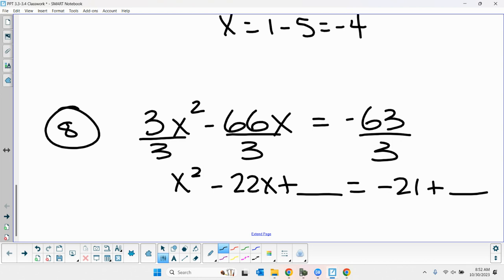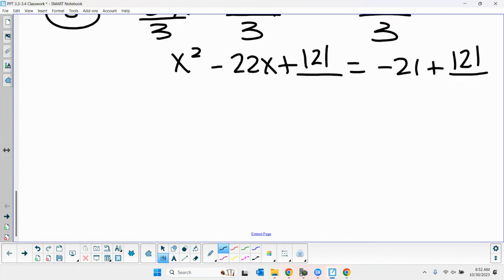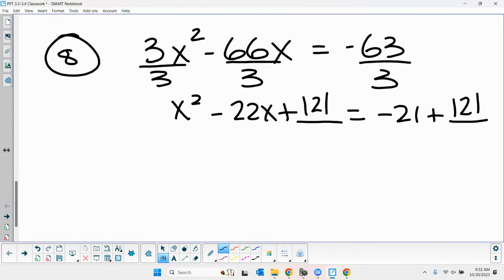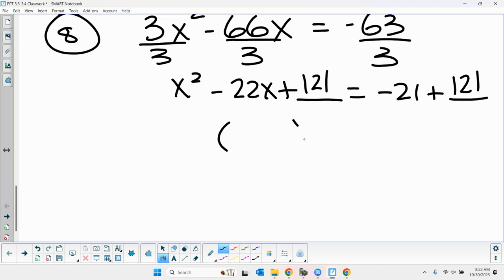Okay, so I divided everything by 3. What's half of 22? 11. What's 11 squared? 121. So I can factor my perfect square trinomial. That's what we made it when we completed the square.